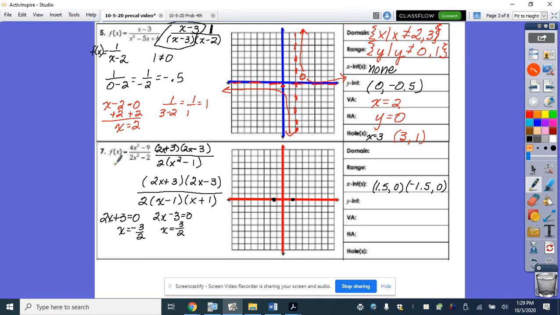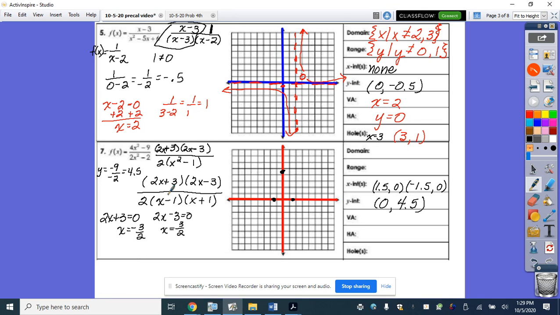And I'm going to end up with -9 over -2, which is 4.5. So I'm going to have a 0, 4.5. So 1, 2, 3, 4.5. Okay. And that's going to end up being a really important point when we look at the graph.